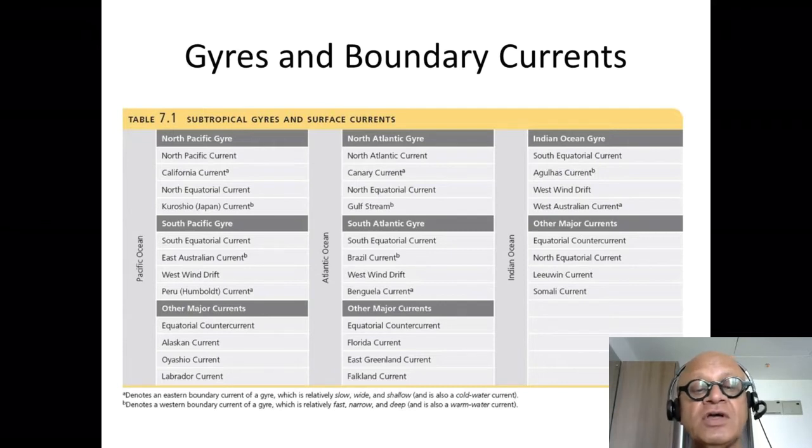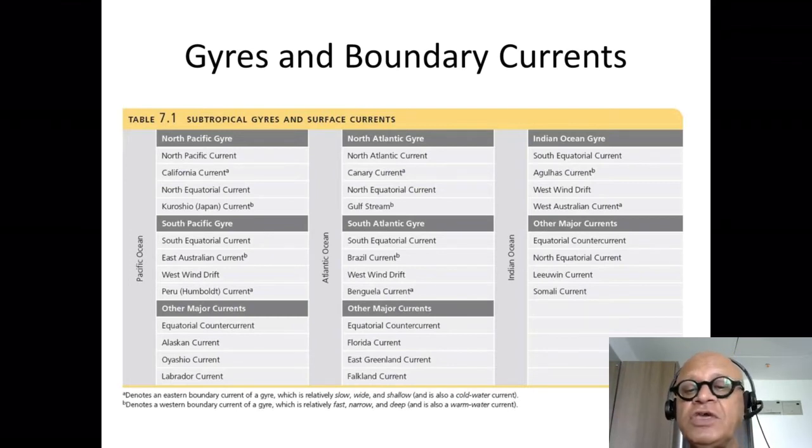Similarly, you have other currents in the subtropical gyres and other major currents in each ocean, like the equatorial countercurrent that we talked about, the Alaskan current in the Gulf of Alaska, Oyashio current, the cold current coming down, and the Labrador current in the North Atlantic.